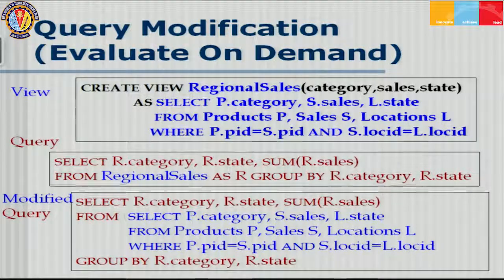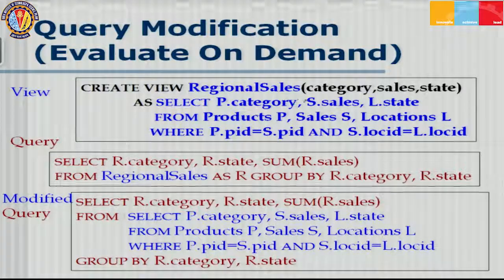The same concept is illustrated in this example. Suppose I have created a view called regional sales. It is a category-wise sales of state. So we write this query and define this view.